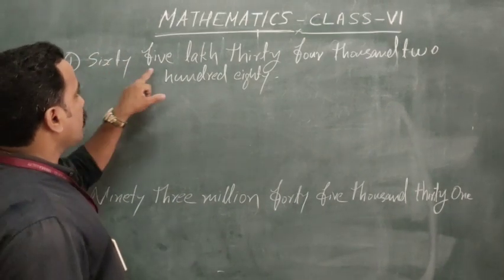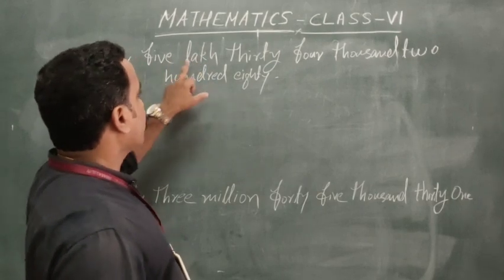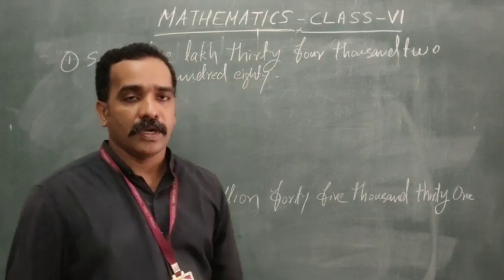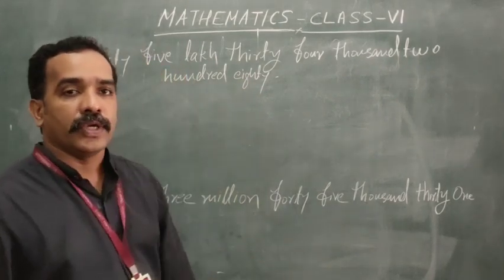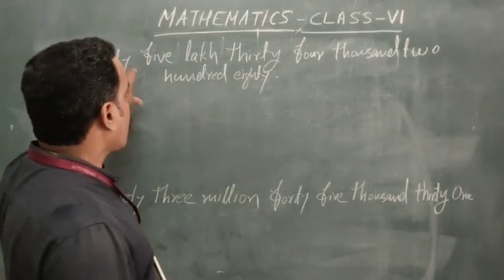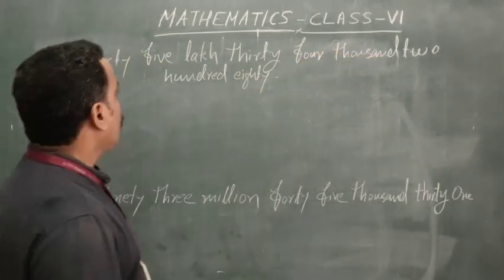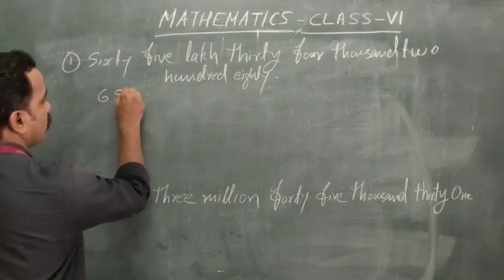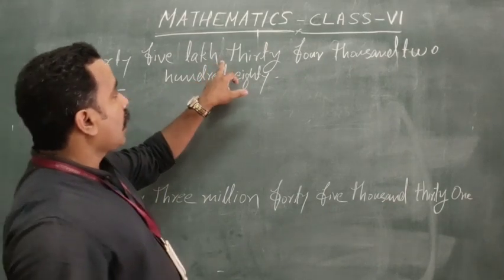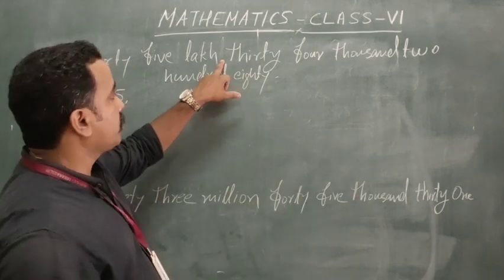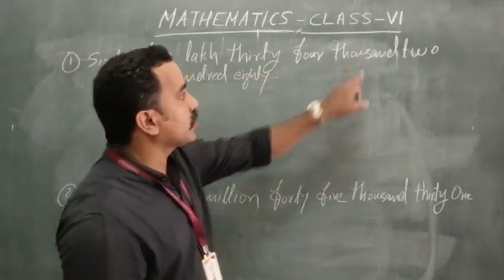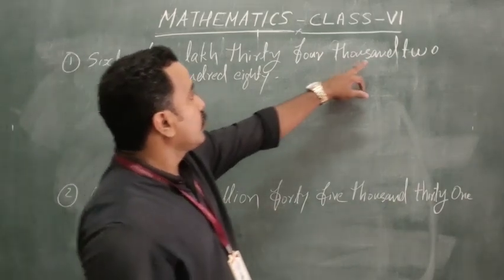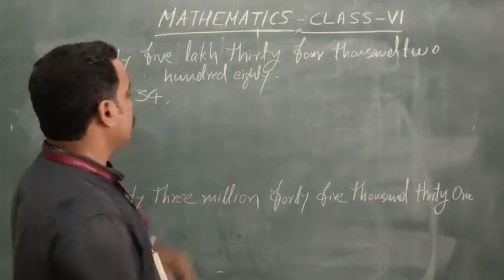So the first one is 65 lakh 34,280. How can we convert it into the international place value system? First you write the numeral for this. 65 lakh, and after lakh the thousands period, 34,000, so 34,280.